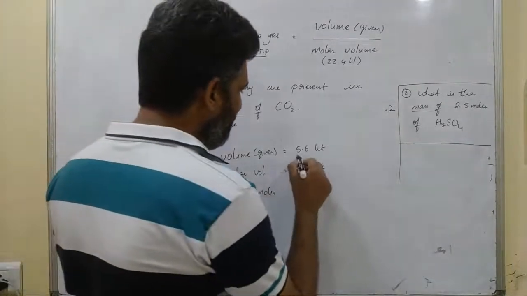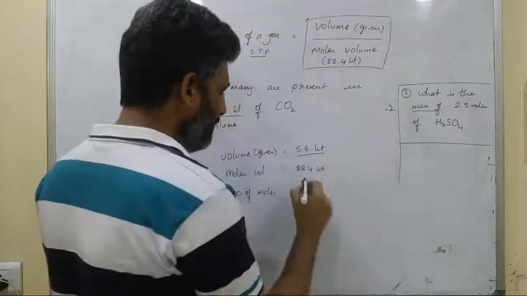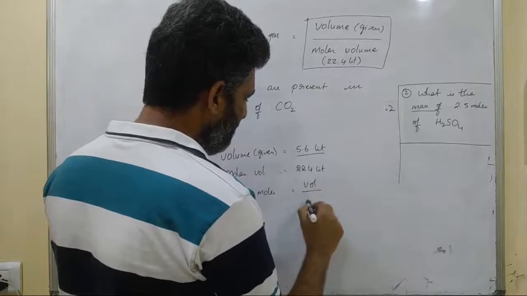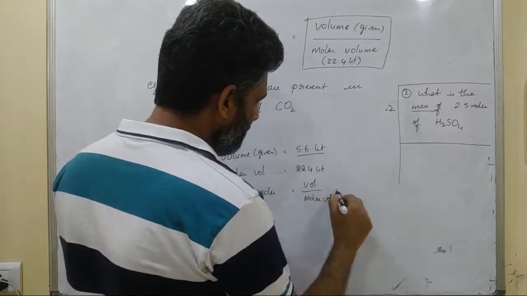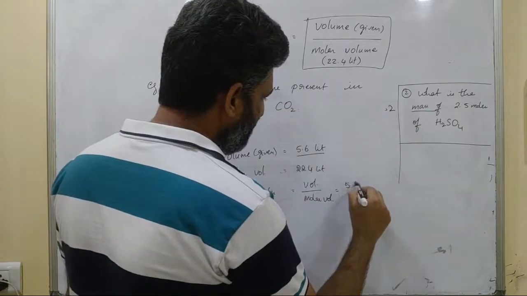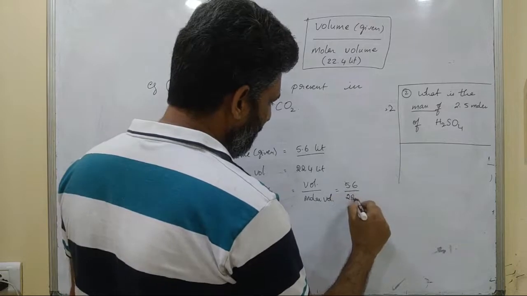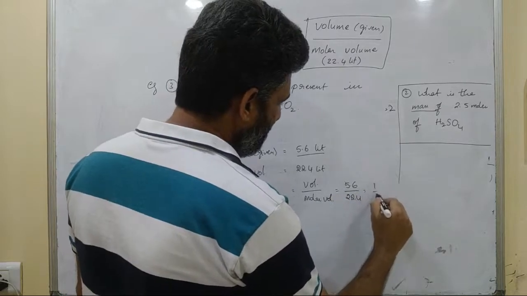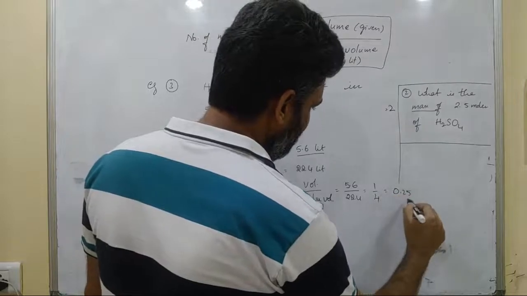So this formula we are going to use: given volume by molar volume, which equals 5.6 divided by 22.4, which equals 1 by 4, which equals 0.25.